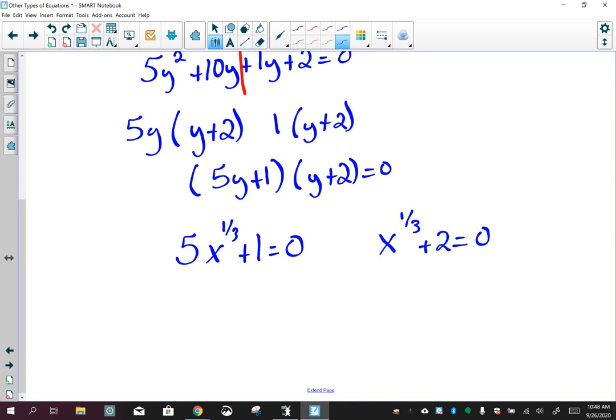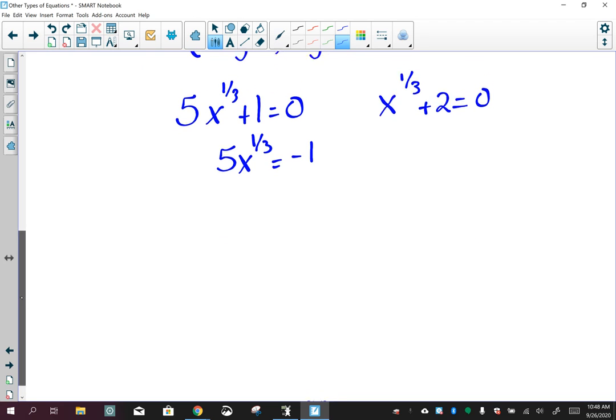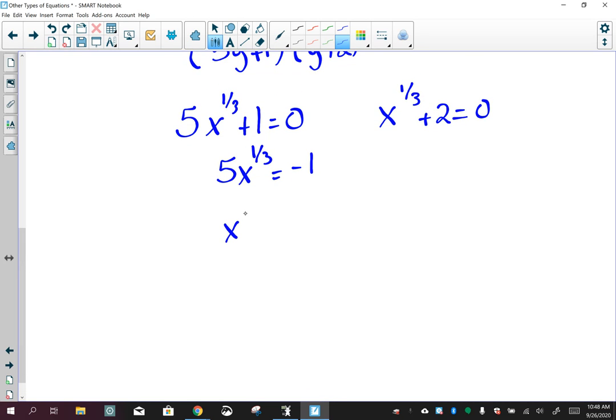And now we solve it. 5x to the 1/3 is equal to -1. I'm going to go ahead and divide through by that 5. X to the 1/3 is equal to -1/5.